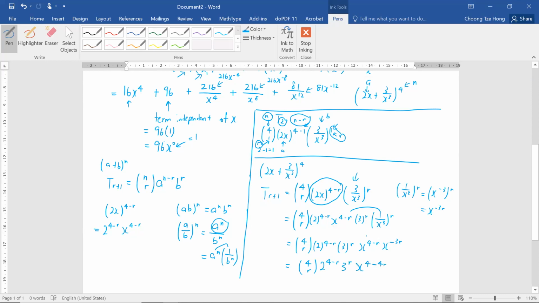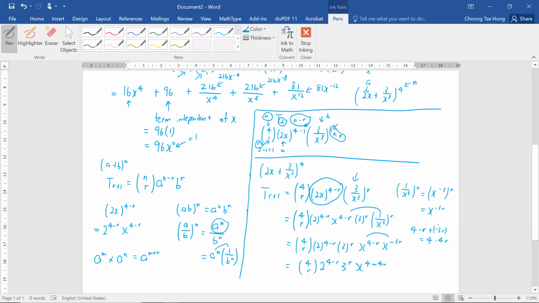This one also uses the law of indices to combine together: a to the power of m times a to the power of n, so it must be the same base, will be a to the power of m plus n. So over here will be 4 minus r plus minus 3r, add together, so 4 minus 4r.